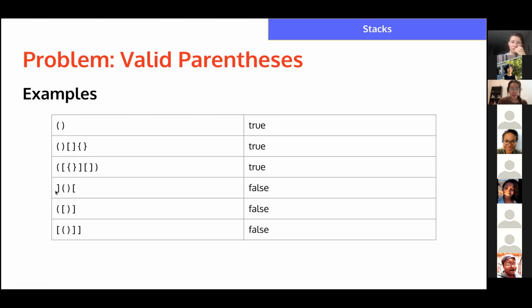Does anyone understand why this is a bad set of valid parentheses? The square bracket, circular open, circular close, and then square open. It's invalid. I think it's invalid because you tried to close a bracket even though you haven't opened one.